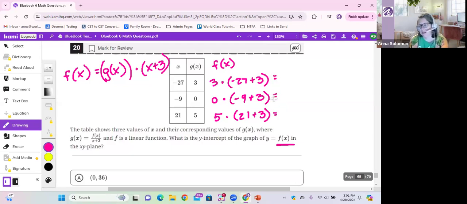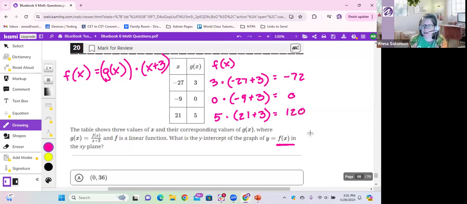So we get 3 times negative 24, which is negative 72. 0 times anything is going to be 0, and 21 plus 3 is 24, times 5 is 120.